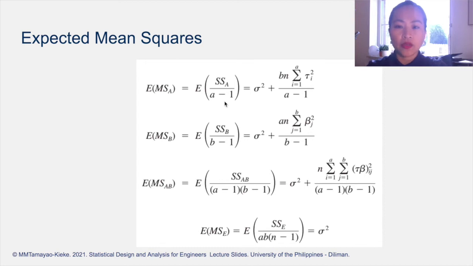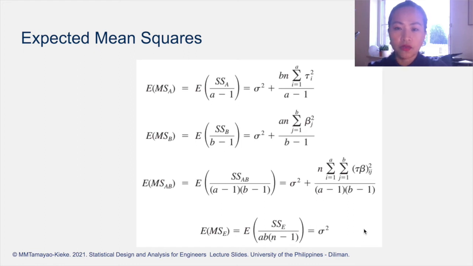And this is equal to sigma squared plus bn times the summation of tau sub i squared from i equals 1 to a, over a minus 1. Okay, and so on.